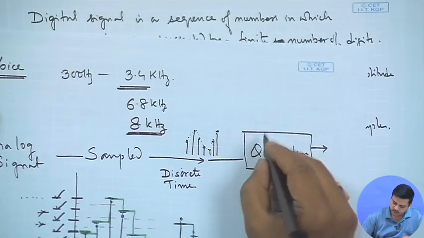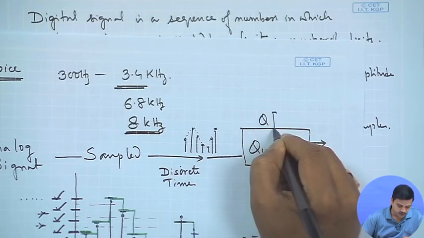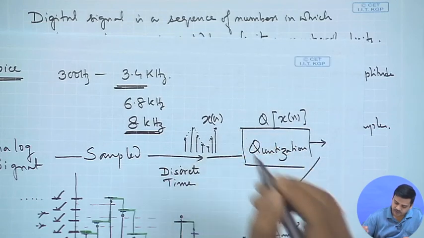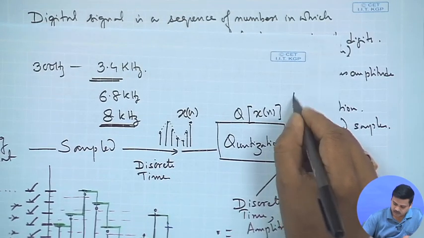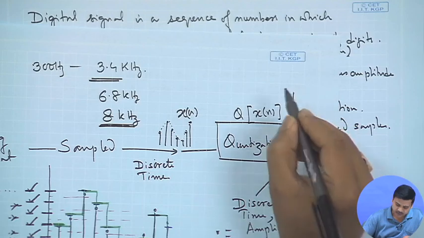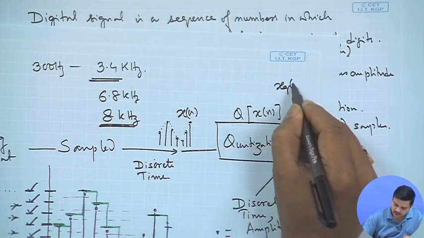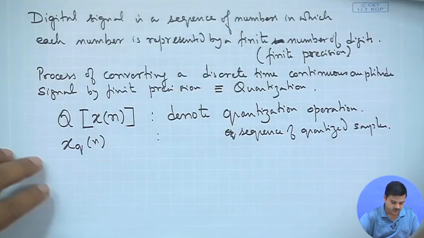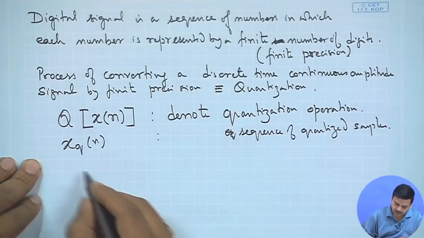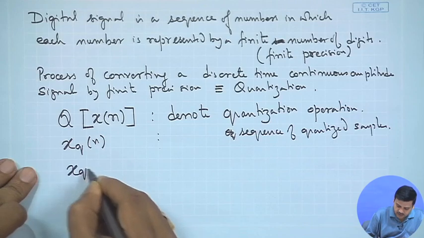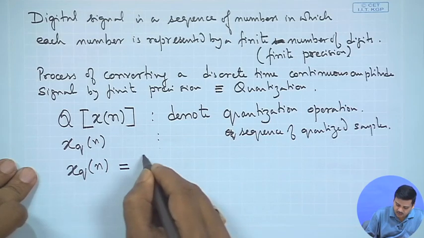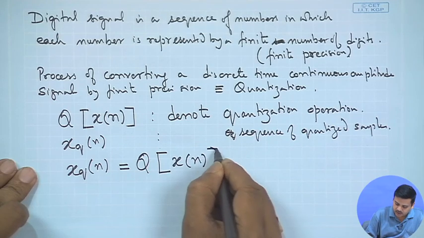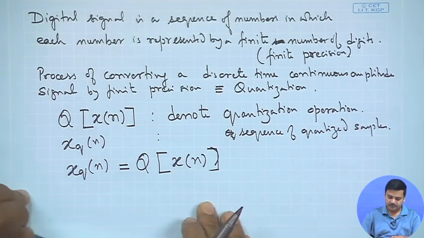So, this operation I would represent by Q of x[n], because at this point we have x[n], and here we are going to represent this as x_q[n]. So, this is how the representation would be. In other words, x_q[n] is the output of quantization on the sampled sequence x[n].